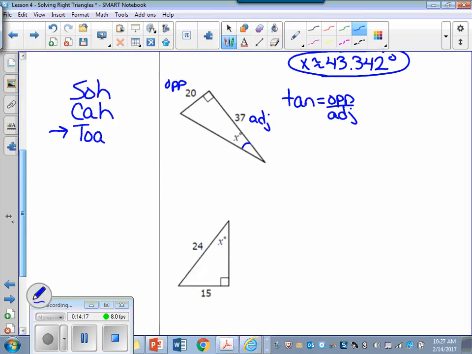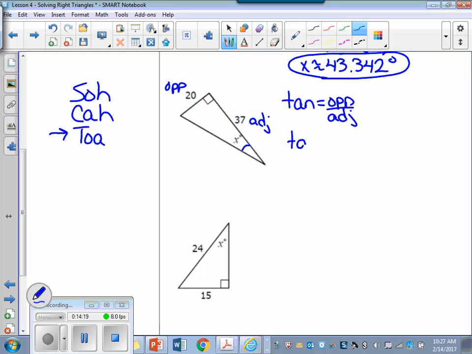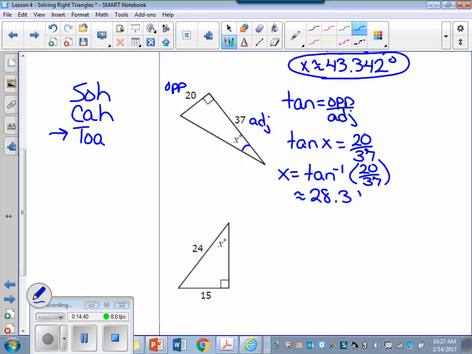So for this problem, the tangent of x equals 20 over 37. So x will be the inverse tangent of 20/37. Second tangent, 20 divided by 37, 28.393 degrees.